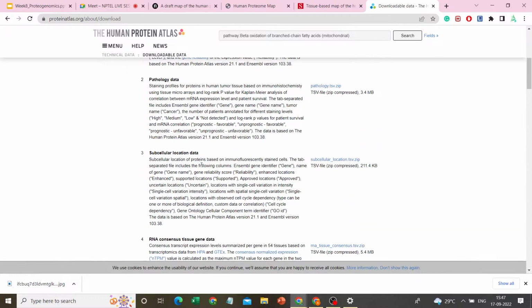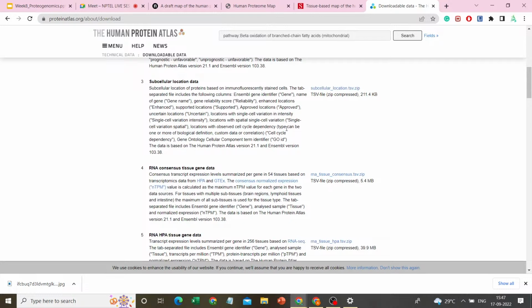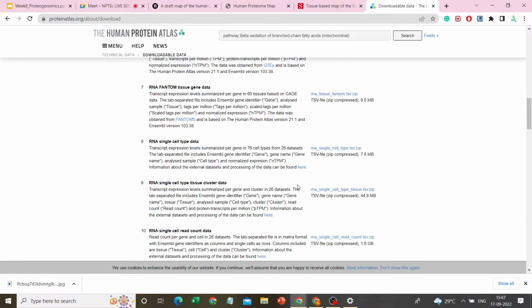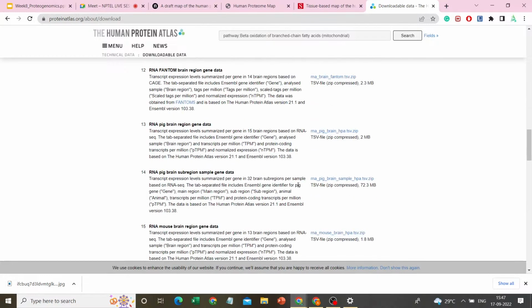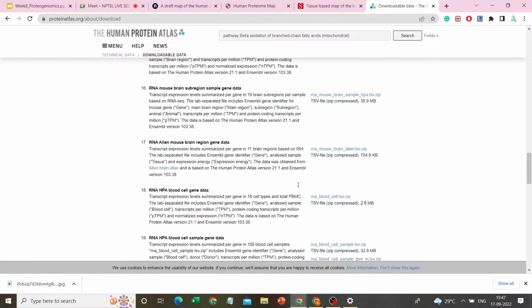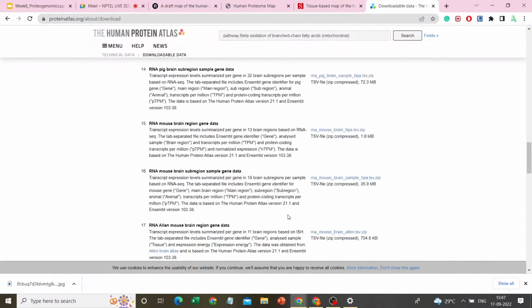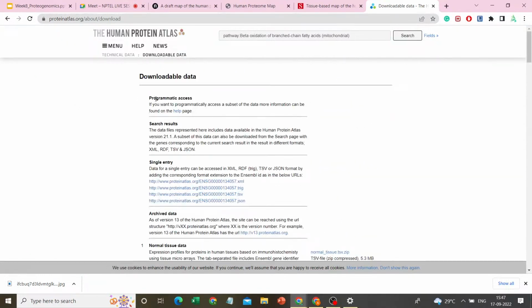Subcellular localization data: if you have a list of different proteins or genes and want to identify which subcellular localization they are present in, you just download it and identify those. Then RNA consensus tissue gene data: you can download all these genes, pig brain, mouse brain, all the data they have. You can see how comprehensive the databases are.